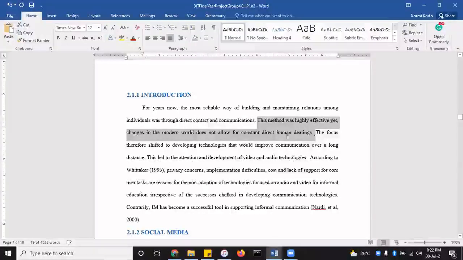Anyways, so this needs to be sorted out. The focus therefore shifted to developing technologies that would improve communication over a long distance. This led to the attention and development of video and audio technologies.